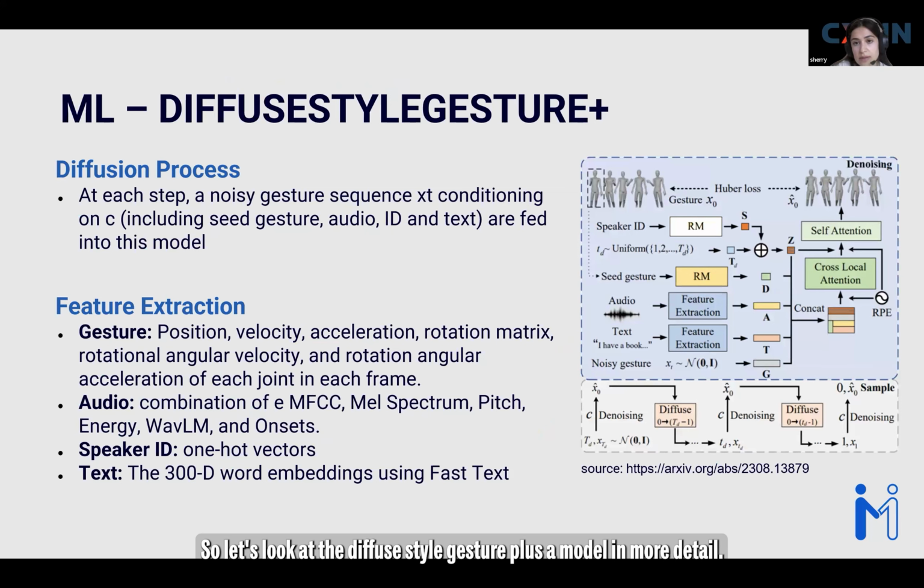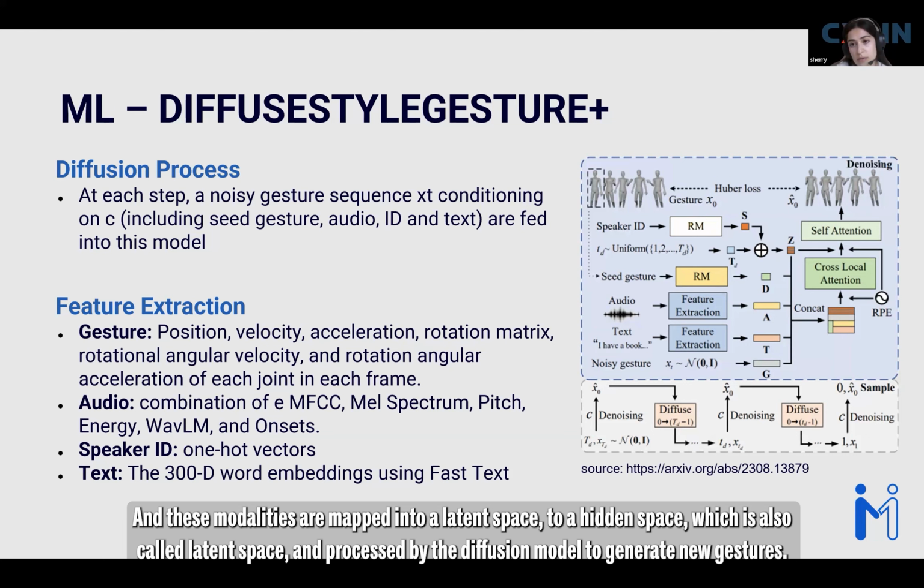So let's look at the DiffuseStyleGesture+ model in more detail. As the name suggests, it's a diffusion-based process, and it's also multimodal. It uses speaker ID, motion, audio, transcription, and the seed gestures.